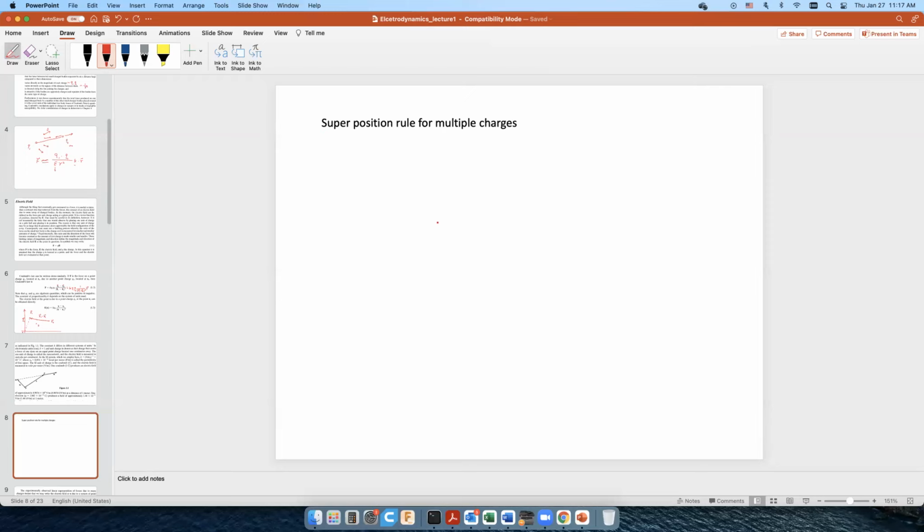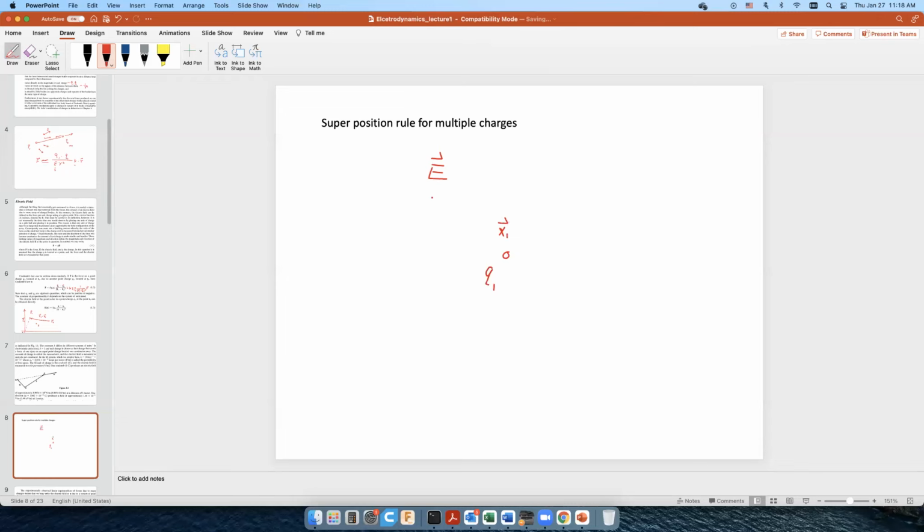What is that? For example, when you want to calculate the electric field or force, let's take an example of electric field for multiple charges. Let's start from a single charge first. Now we have one charge, Q1, and its coordinate is x1.